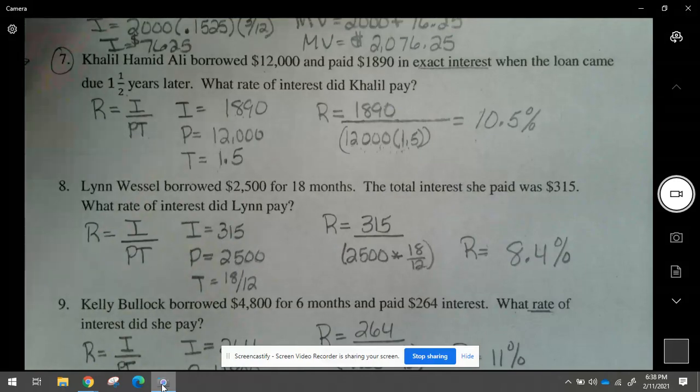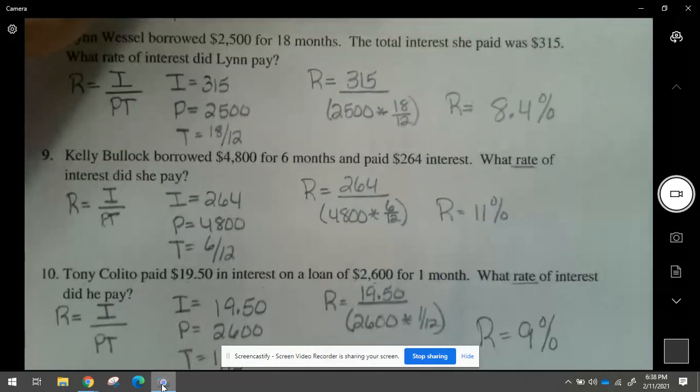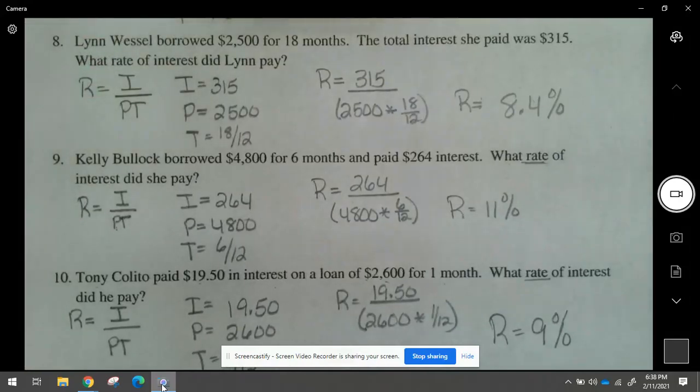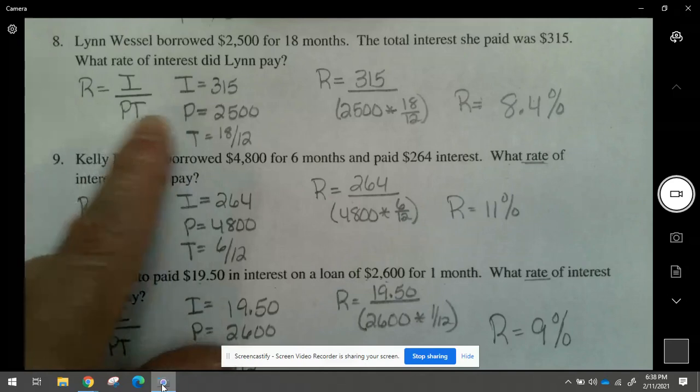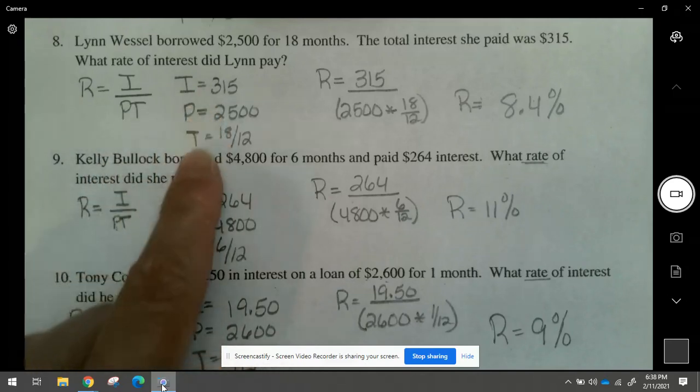Okay, so I hope you've tried those last 3 problems here on this type of skill. So let's look at number 8. She borrowed $2,500 for 18 months, and the total interest she paid was $315. We're looking for the rate. So we set up our formula, the generic one. We write out our givens.